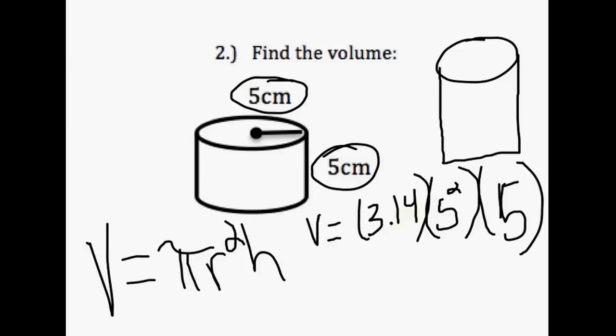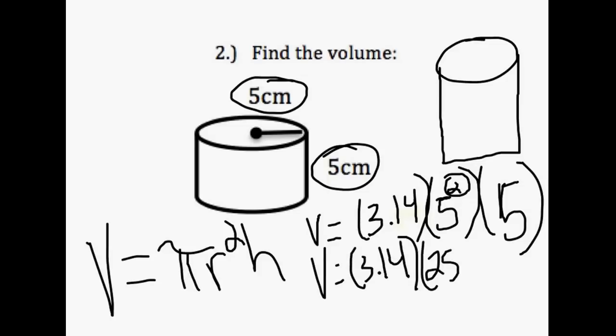Now, if I go by my order of operations, I need to simplify this exponent first. So I'm left with V equals 3.14. 5 times 5 is 25 times 5. Now, my last step is literally just to multiply these numbers together, going left to right.